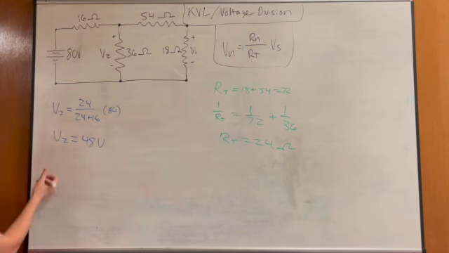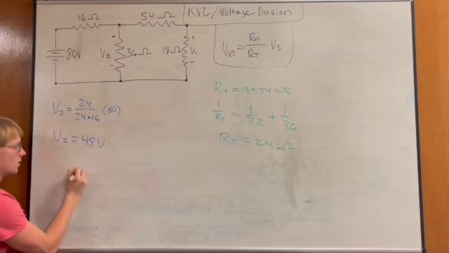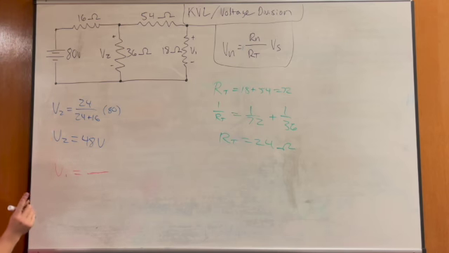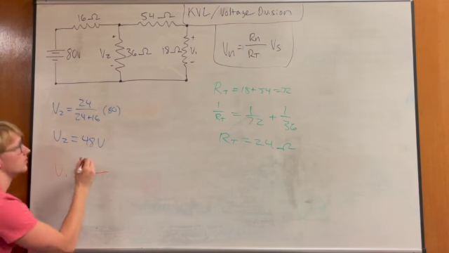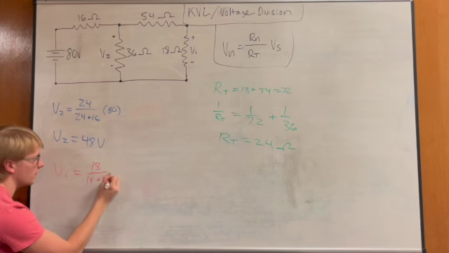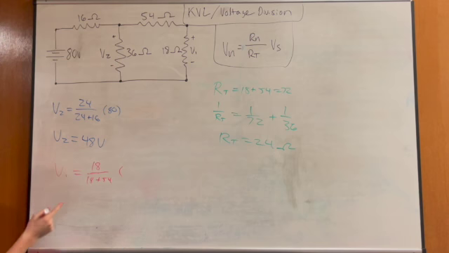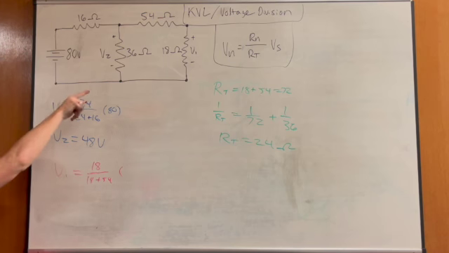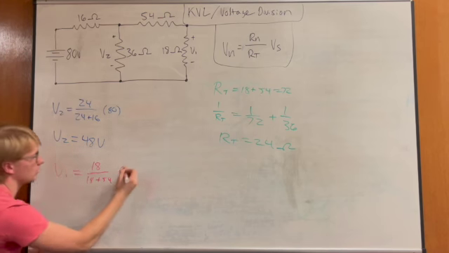When you solve it for V1, you take the resistance of the component we're specifying, which is 18, over the total, which is 18 and 54, and multiply that by the voltage source, the Vs in the equation, which in this case is 48, because we defined V2 as 48 earlier.